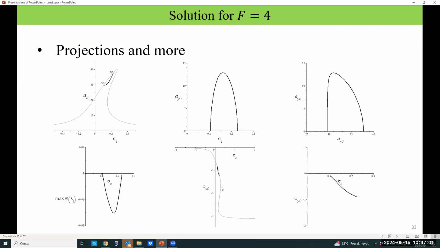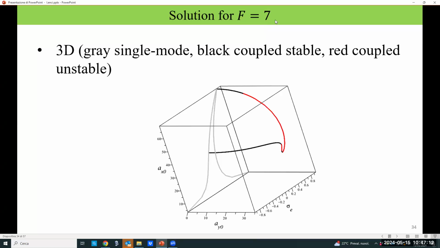This is the phase projection of the same picture, so nothing new in this picture. This happens for f equal to 4, which is the amplitude of the excitation. If you increase the excitation amplitude, not only do you see that the bending is increased, but the phenomenon still occurs, of course, and this coupled branch can become unstable.